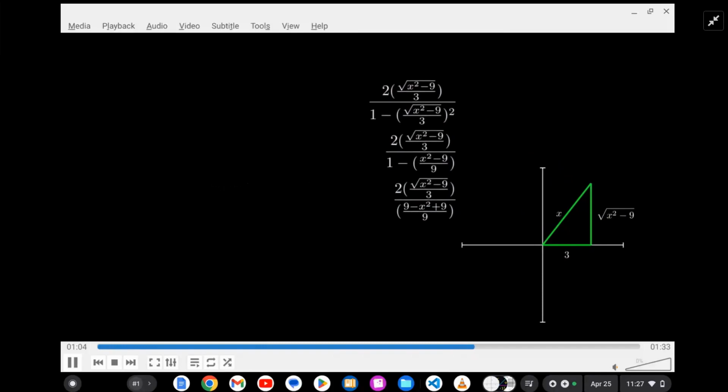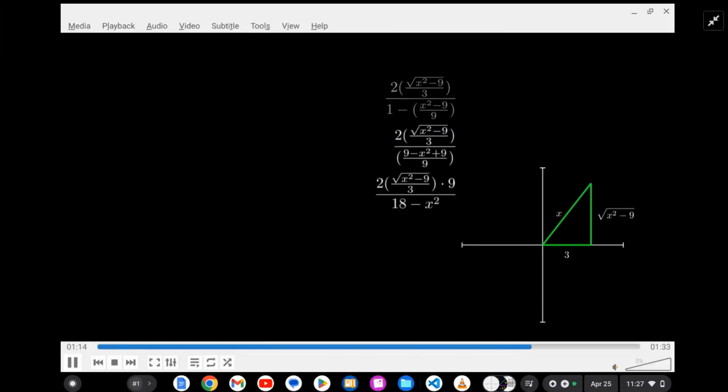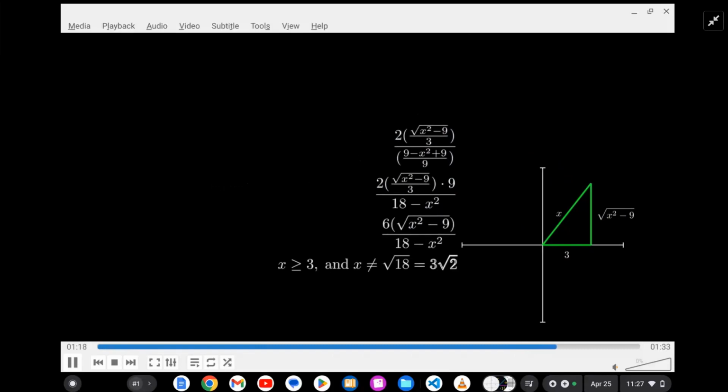All right, then we're going to multiply by 9. Multiply the numerator and denominator by 9. And we have that. In the numerator now, 18 over 3 is 6. And I think that's about as far as we want to go. All right, so there's the expression here.